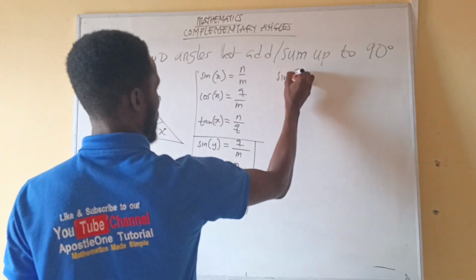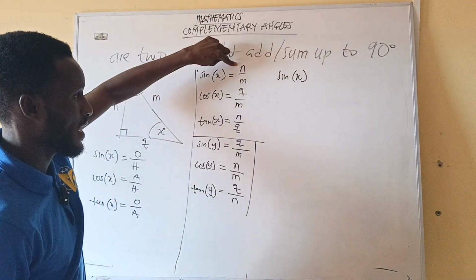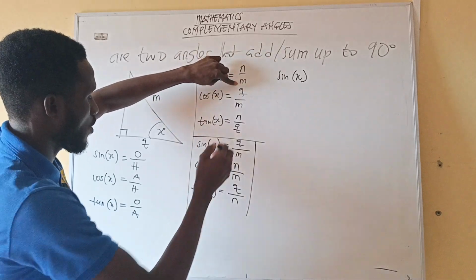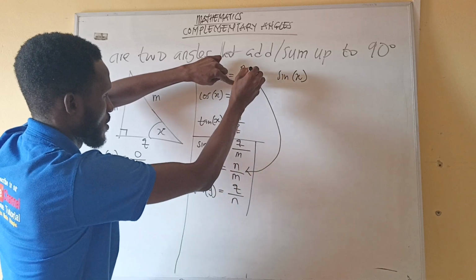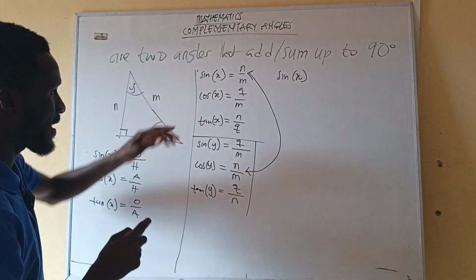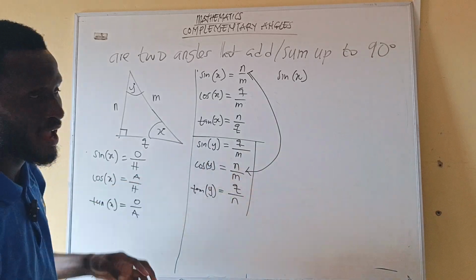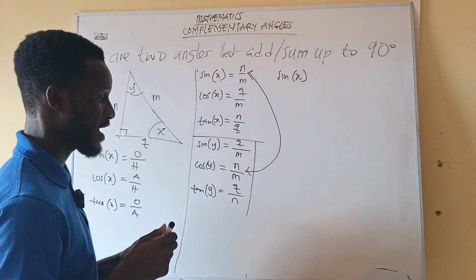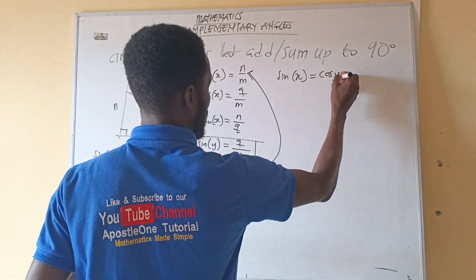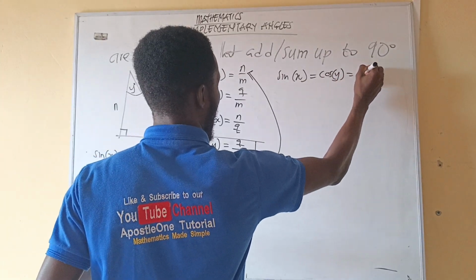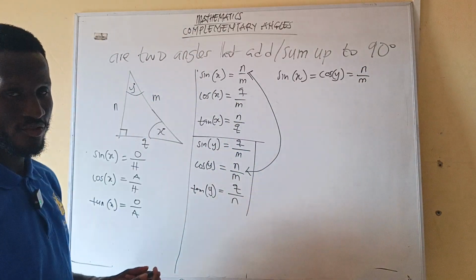Sine x is N over M, and then cos y is also N over M. So we can all agree that sine x is the same as cos y, and they are all N divided by M. Now this is what we call complementary angles.